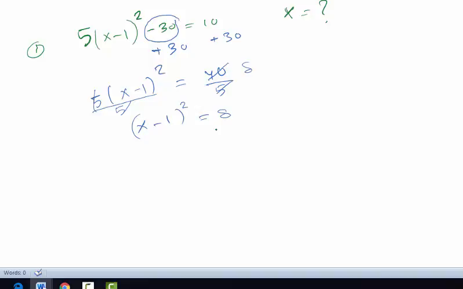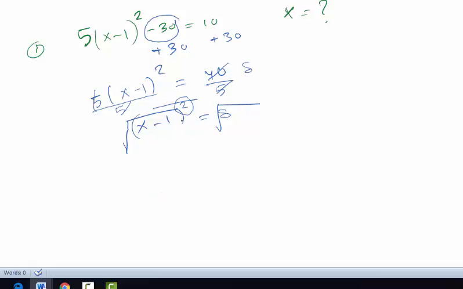Now we have to simplify this term, but how? This is a second degree equation, so the only way is to take the square root on both sides. This example is complicated, but we can still find the answer.